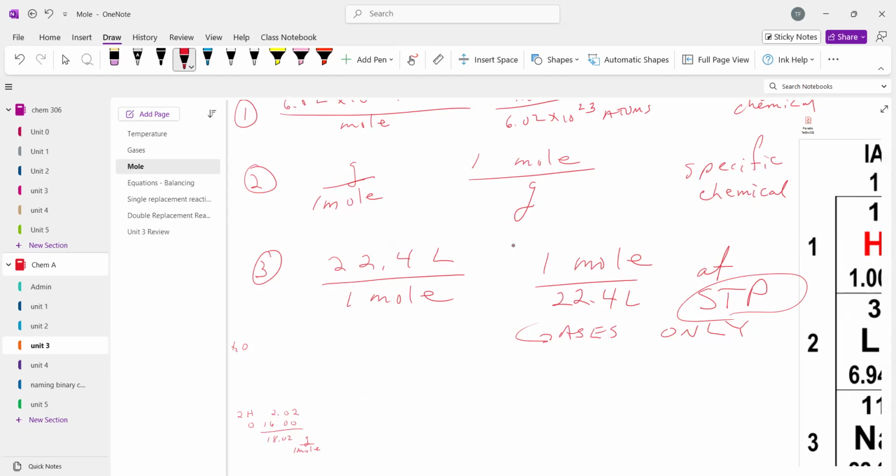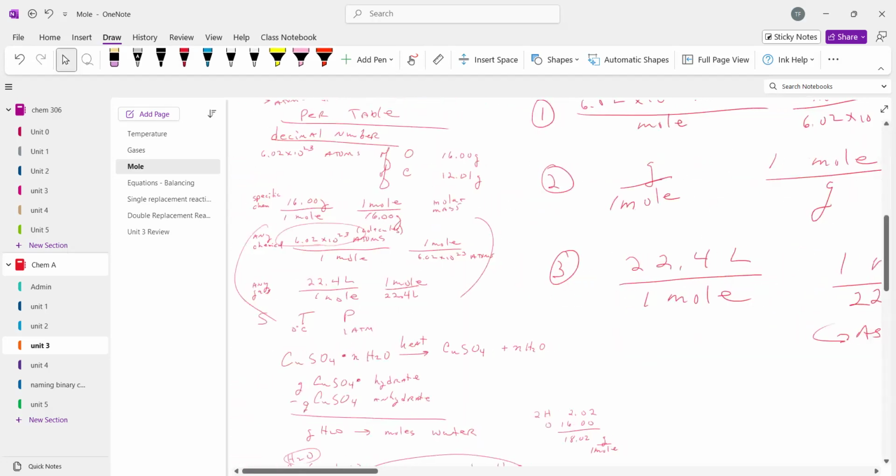If we go to 100 degrees centigrade, the gas is going to be much bigger than 22.4. If we go below 0, it's going to be much smaller. But at standard temperature and pressure, STP, it's 22.4 exactly. Okay, so those are the three conversion factors you're going to be using a lot, particularly number 2, for the rest of the semester. Okay, so let's look at some problems.